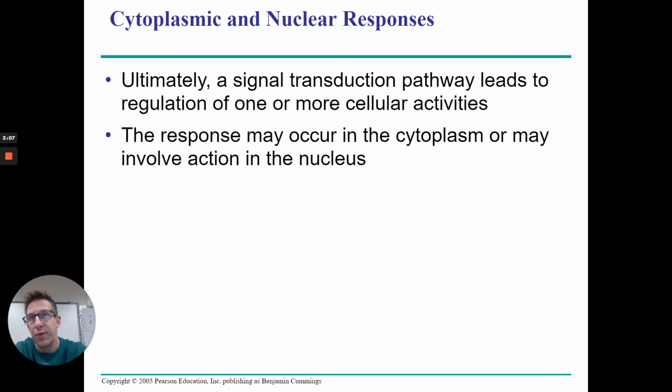Maybe they do actually regulate chemical reactions, okay? Nuclear responses are going to be ones that maybe turn on a gene and create some kind of protein product, okay? So by the end of the reception of the signal and the transduction through the cytoplasm, you're eventually going to get this regulation of many different types of cellular activities, okay?